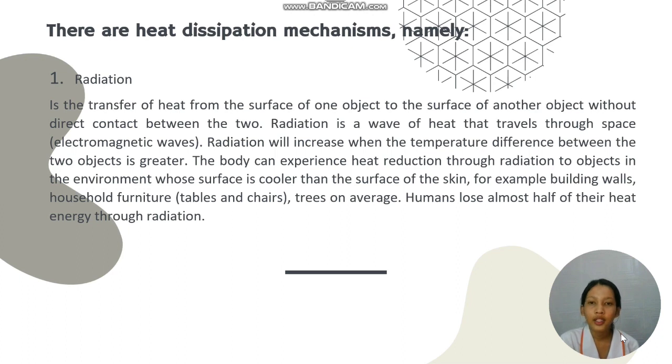The body can experience heat reduction through radiation to objects in the environment whose surface is cooler than the surface of the skin, for example building walls, household furniture, tables and chairs, and trees. On average, humans lose almost half of their heat energy through radiation.